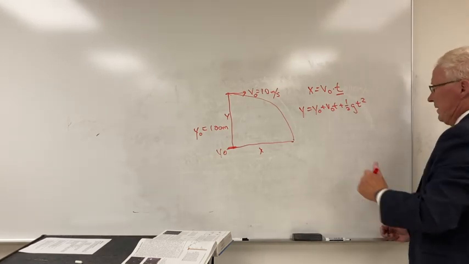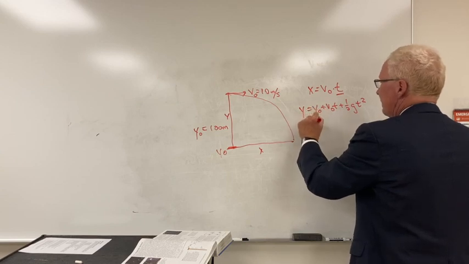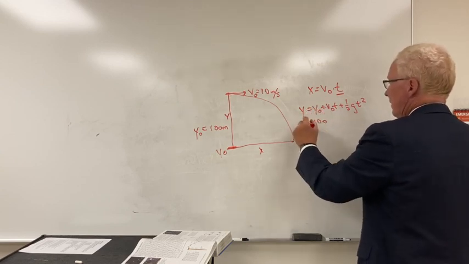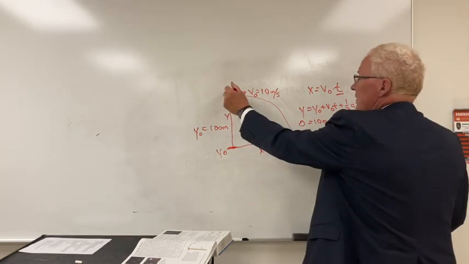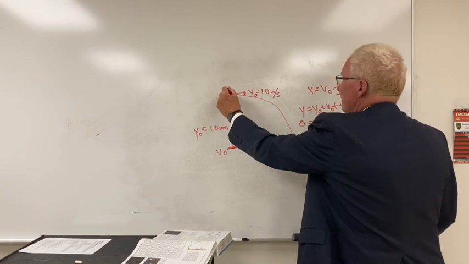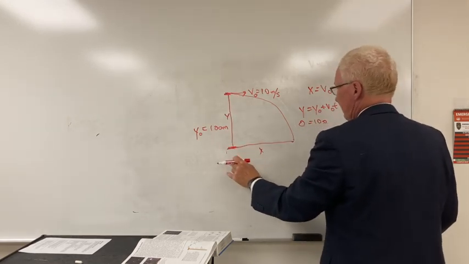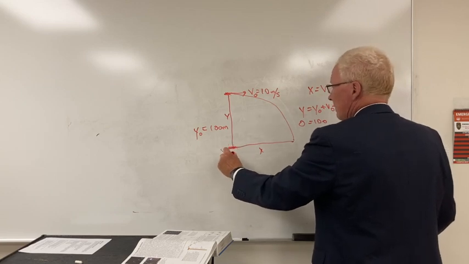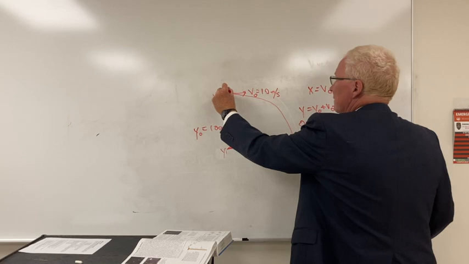So in this case, Y0 is 100, Y is 0. It's launched up here, so Y0 is 100 meters.